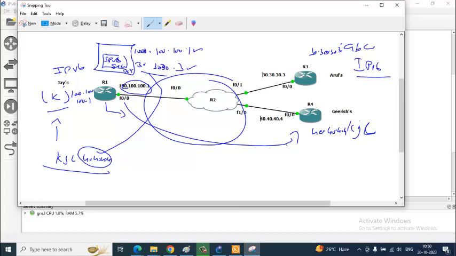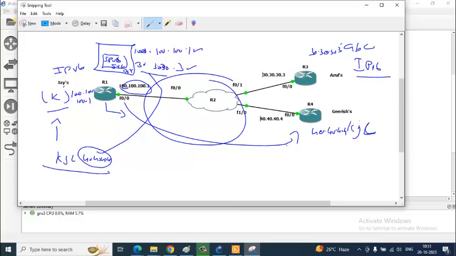An IPv6 address has 8 segments of hexadecimal. The second and third hexadecimal is 16 plus 16 bit, 32 bit. That 32 bit will always, for all of Girish's network, have 40.40.44 embedded.